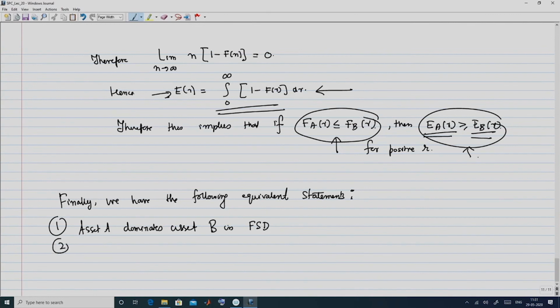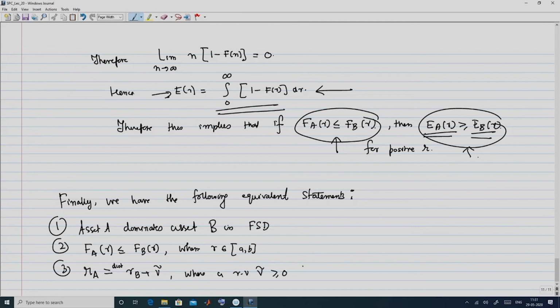This is equivalent to the basic concept that F_A of R is less than or equal to F_B of R, where R belongs to some range [a, b], and this is equivalent to the return of asset A being equal in distribution to the return of asset B plus V tilde, where the random variable V tilde is greater than or equal to 0. And here I have introduced a new notation, equal superscript dist.